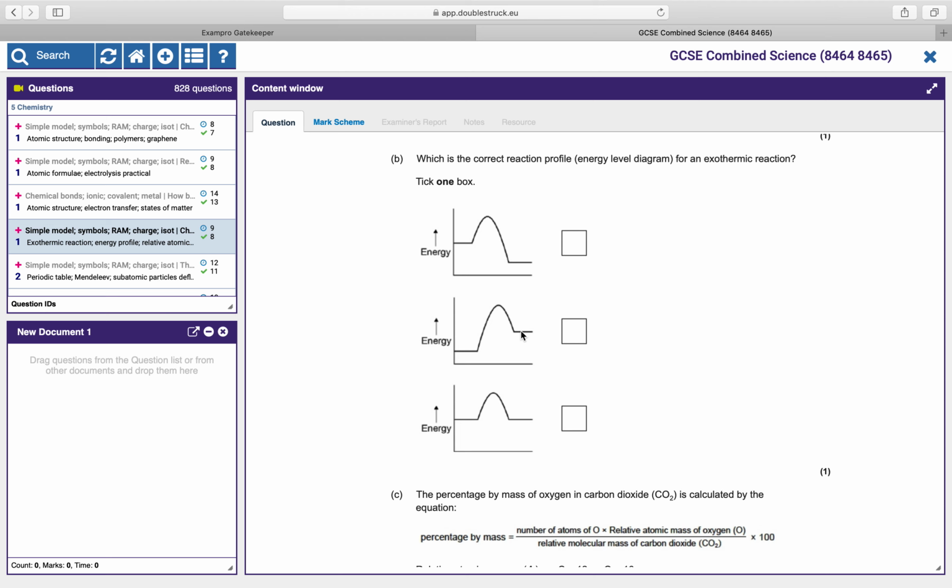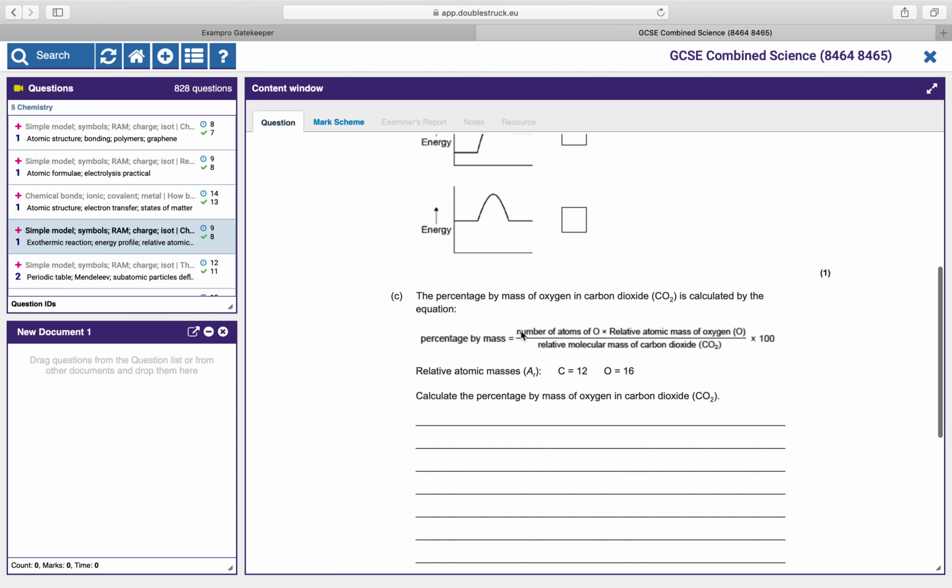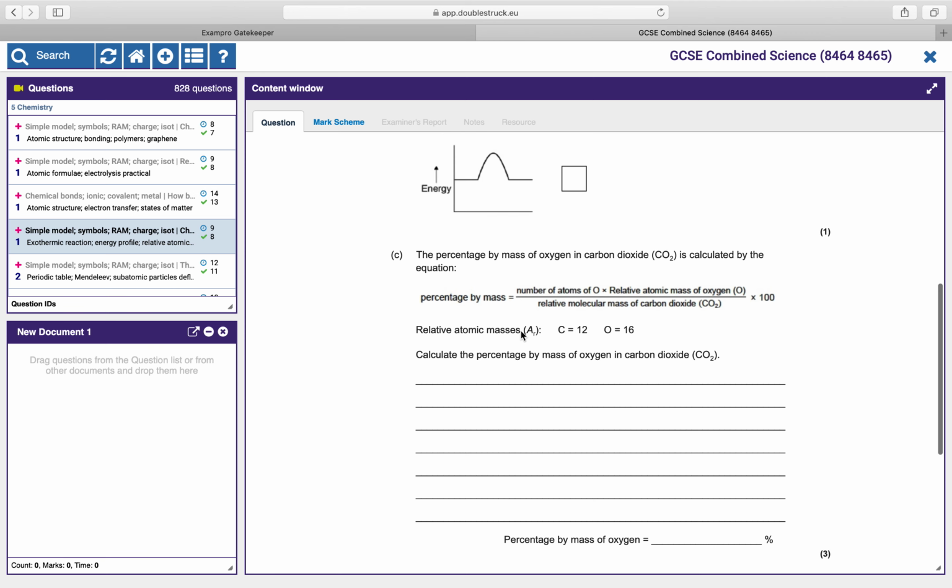Whereas with an exothermic reaction, when it's giving out that energy to the surroundings, you can feel that heat energy coming out of it. All right. So this question is really simple. Just follow the instructions. They give you the formula, they give you the equation. So all you need to do is put the values inside the equation.